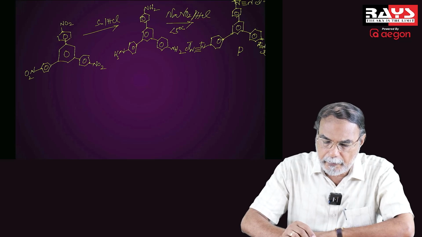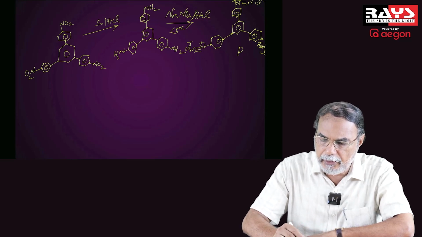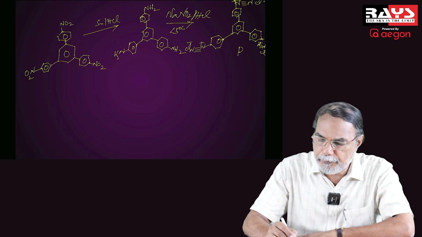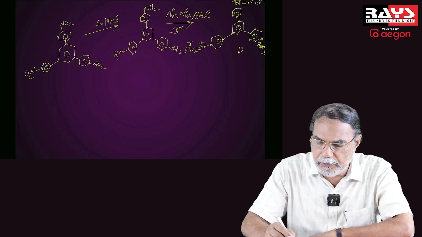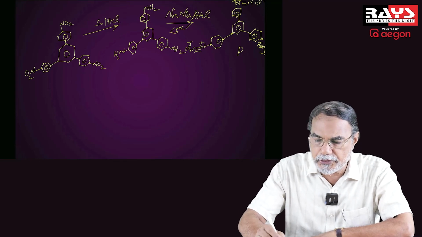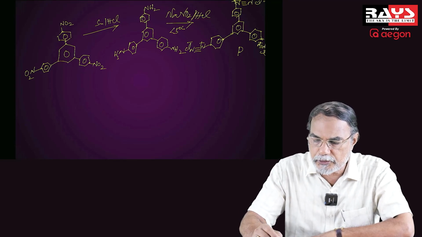So simple, the nitro groups are reduced by tin and HCl to amino groups. The aromatic primary amines, as you know, undergo the diazotization reaction with sodium nitrite and HCl to give the diazonium salt.